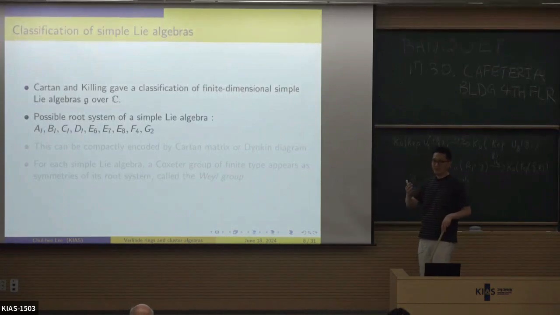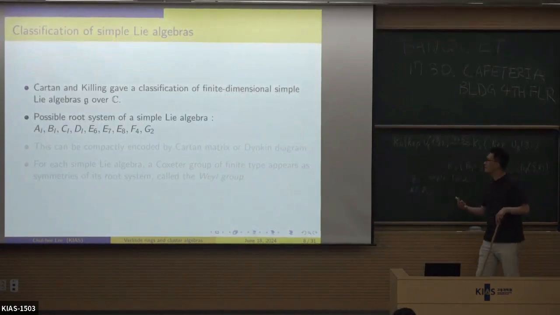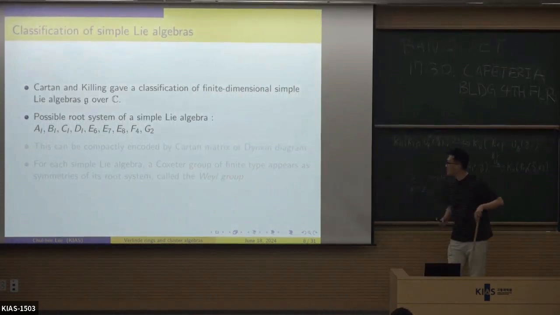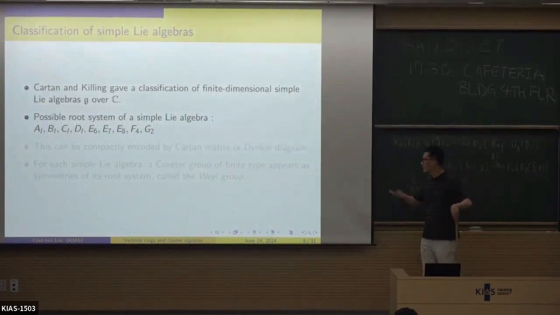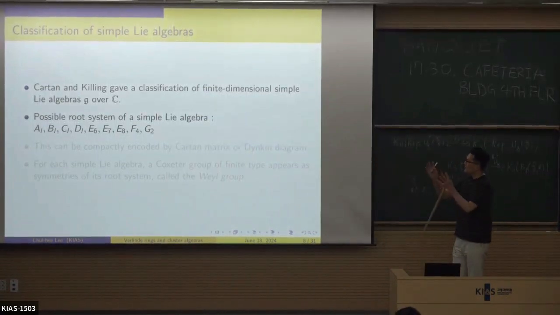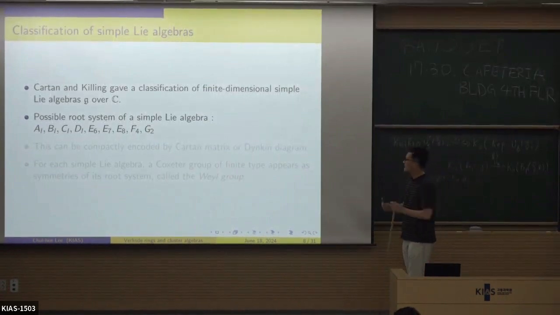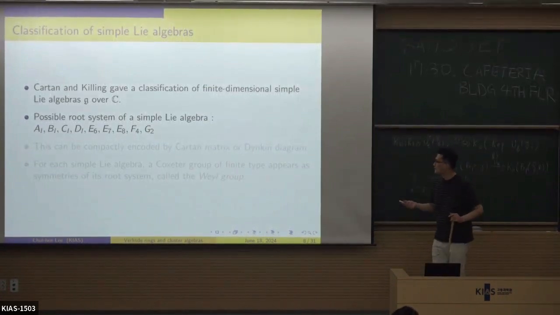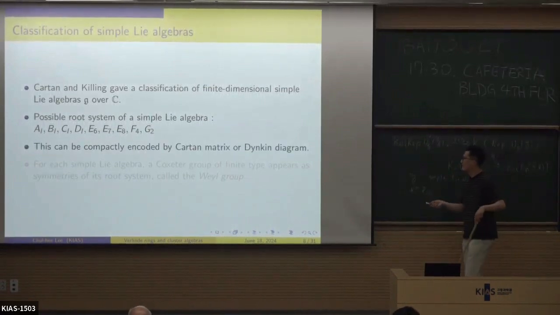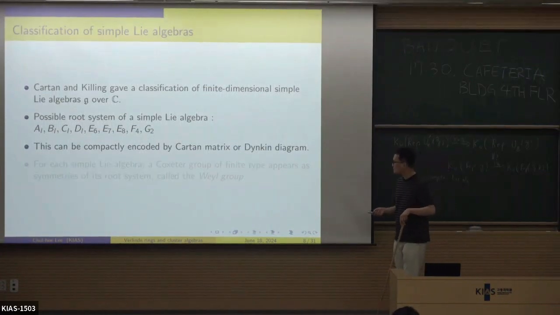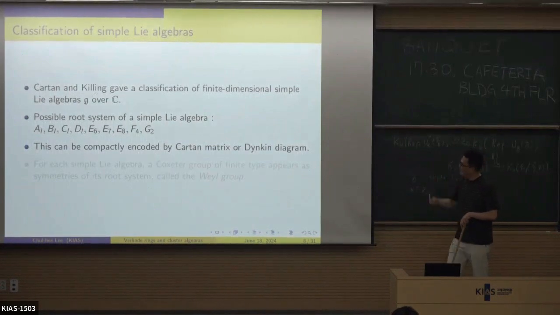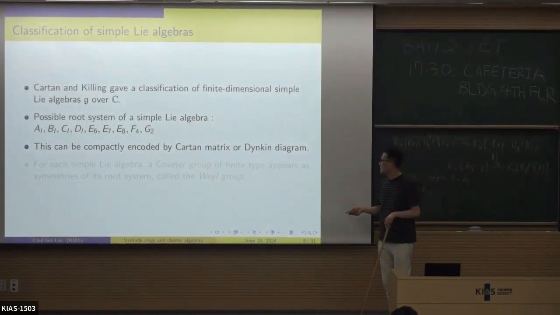A root system is a very symmetrical combinatorial object that allows us to constrain the possible structures of semi-simple Lie algebras. And this data is a very symmetric arrangement of root vectors in a certain Euclidean space, and it can be compactly encoded by the Cartan matrix or something called the Dynkin diagram. Hope most of you have seen Cartan matrices or Dynkin diagrams before.